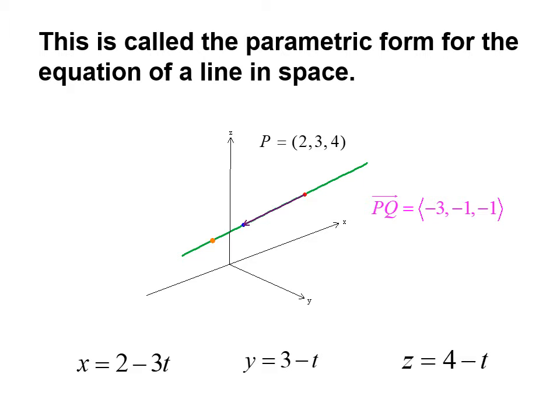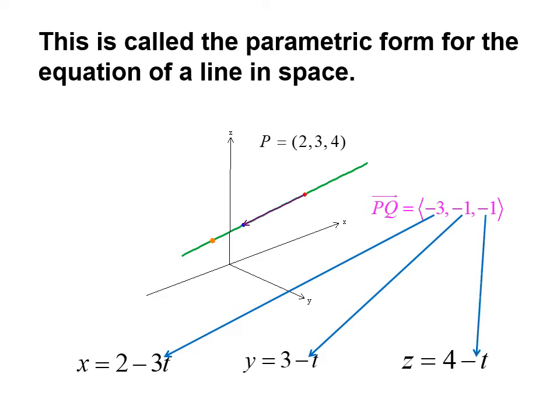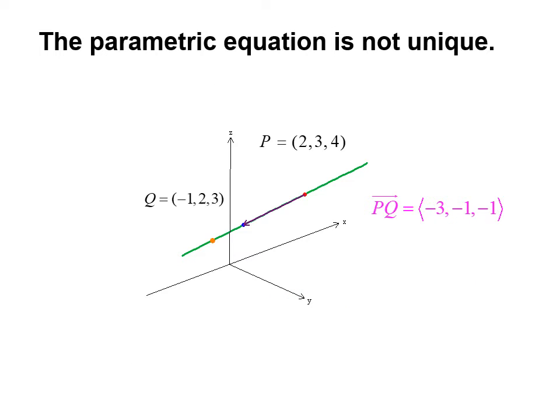And we want to get efficient at writing the equation of a line. So notice that you have the point 2, 3, 4, and the vector establishing the direction, -3, -1, -1. And so you'll get pretty good at writing the equations of a line.